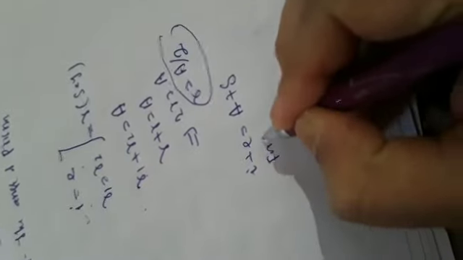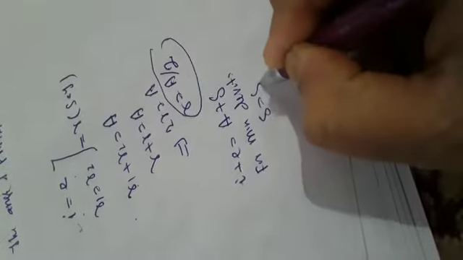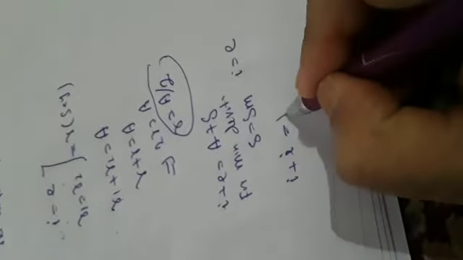If the prism is in minimum deviation, delta is equal to delta M, and angle I is equal to angle E. That means I can write I plus I is equal to A plus delta M. So twice I is equal to A plus delta M, and I is equal to (A plus delta M) divided by 2. This is the angle of incidence.